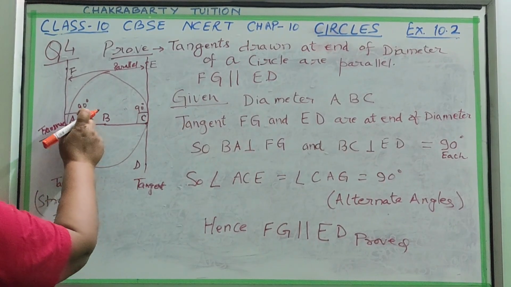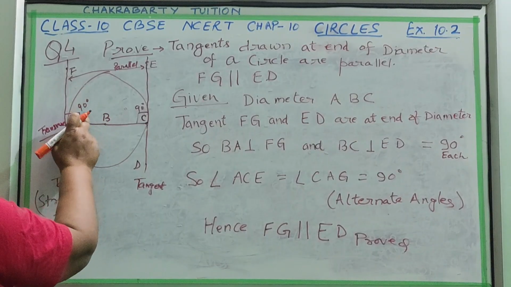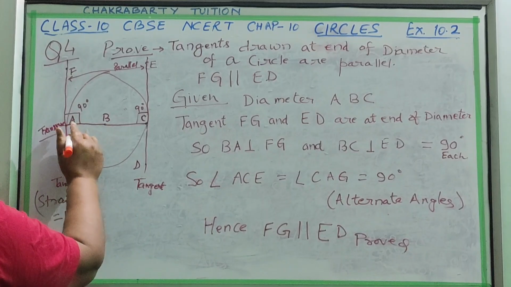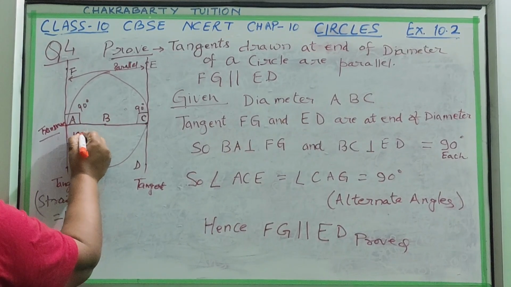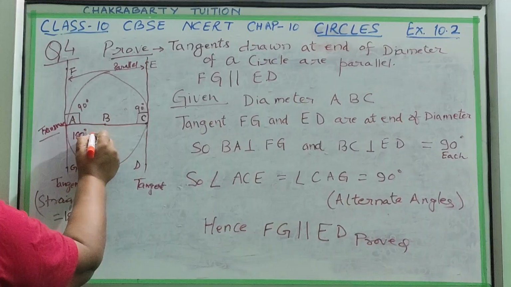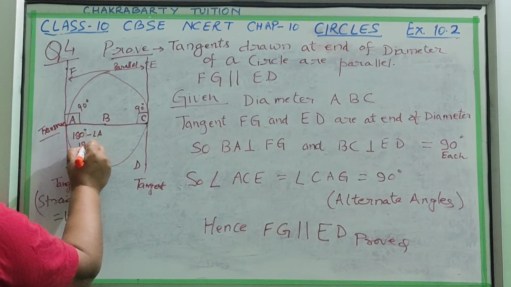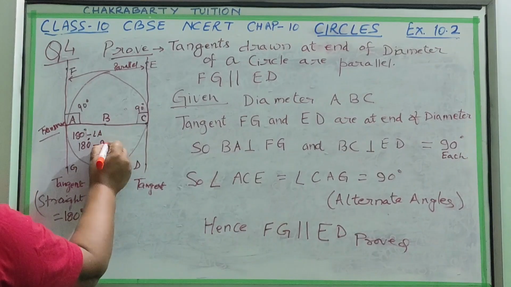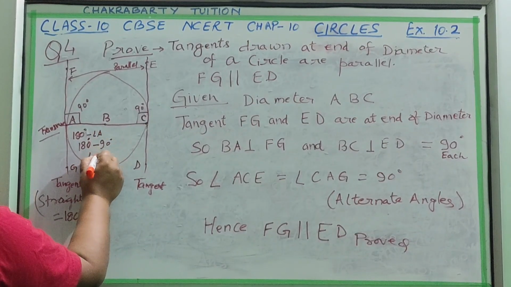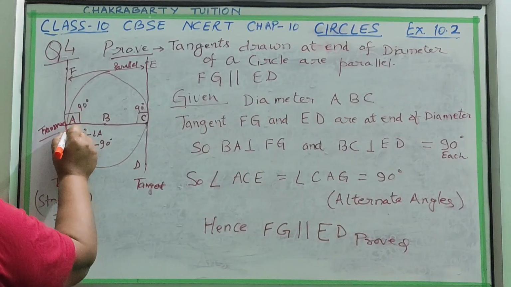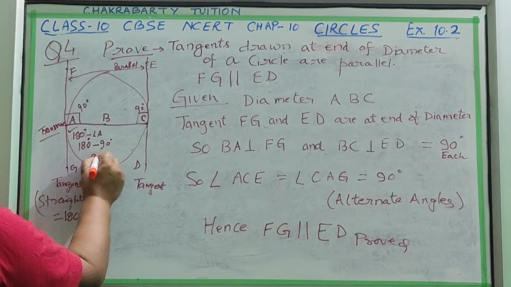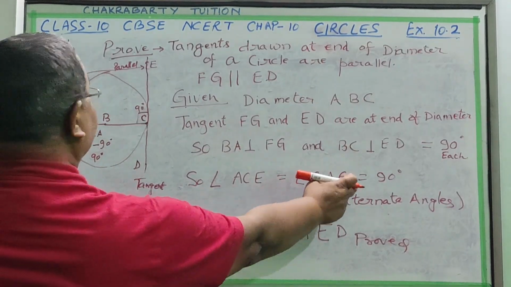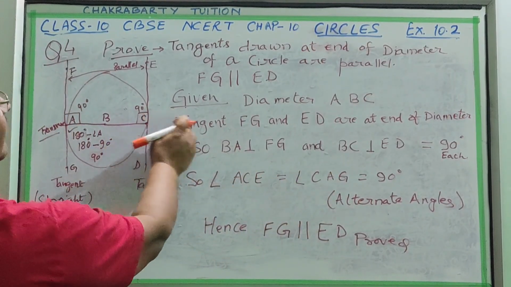So out of 180 degrees, if you reduce one angle of 90 degrees, the other will be equal to 90. This comes as 180 degrees minus 90 degrees. So this side will also be equal to 90 degrees. One is 90, the other is always 90 degrees, because it is a perpendicular.